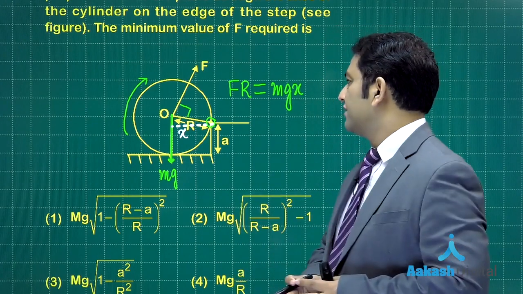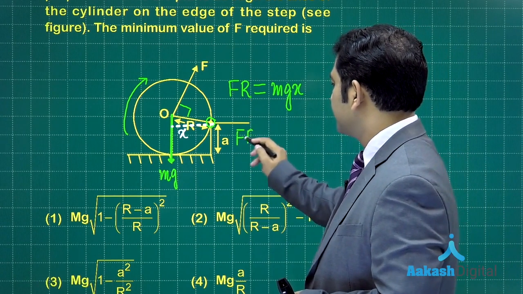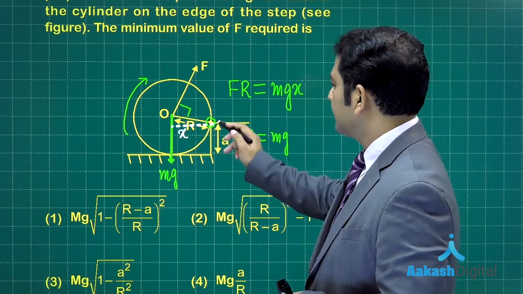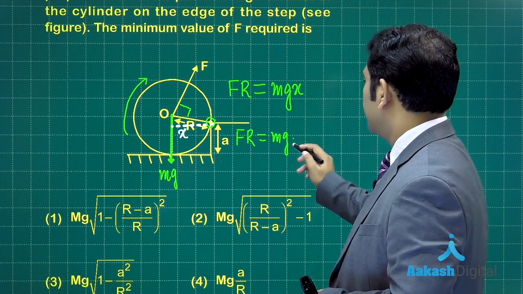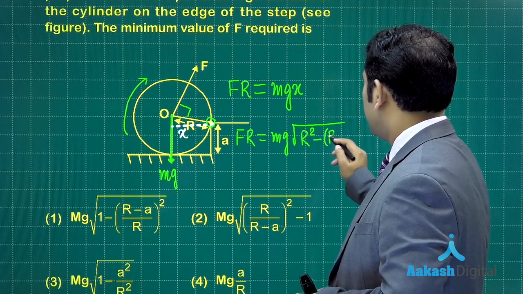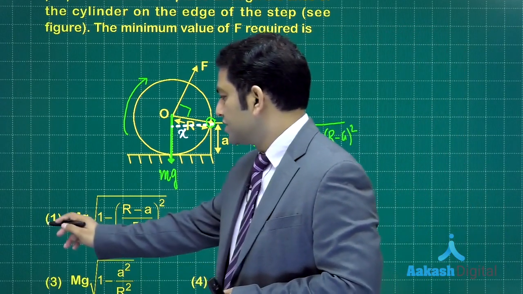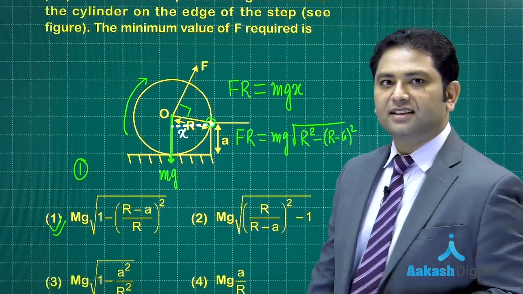To calculate the value of x, that's not a problem. You can straightaway see it's a geometry, and here x, in this particular triangle, is going to be under root of r square minus (r minus a) whole square. So now you can go, and option number 1 is going to be the correct answer.